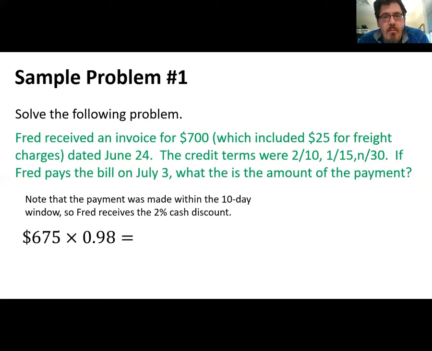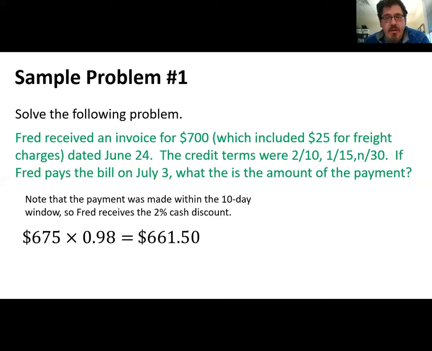And we're going to multiply this by 0.98. The reason for this is the 2% is what is coming off, so that means he's paying 98% of that invoice. So remember, the total amount is 100%, and that's why we can use those complements, the 98 and the 2, in our calculation. So we multiply 675 times 0.98, which is the decimal version of 98%, and we end up with a value of $661.50.